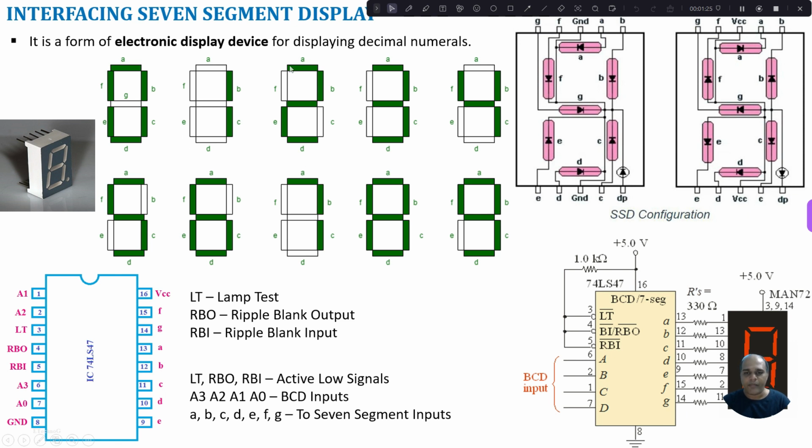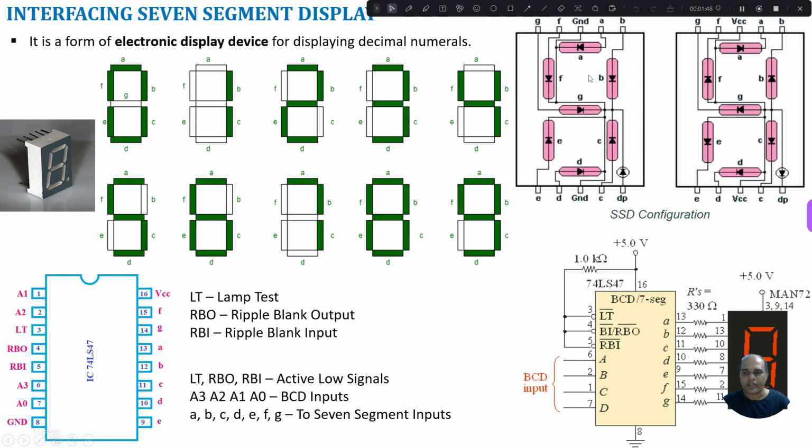To get a number 2, we have to enable A, B, D, E and G. F and C will be disabled. Like that, depending upon what number we have to display on a 7 segment, we have to enable the corresponding segments.